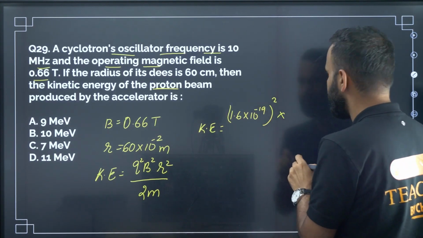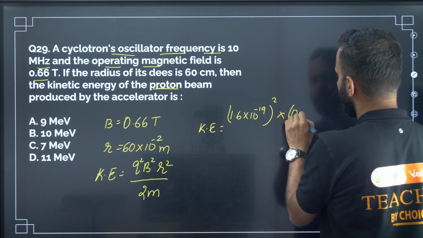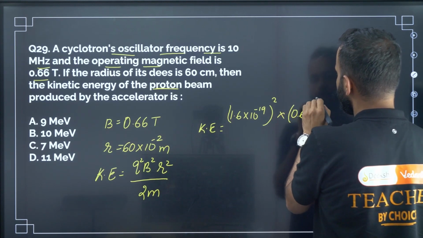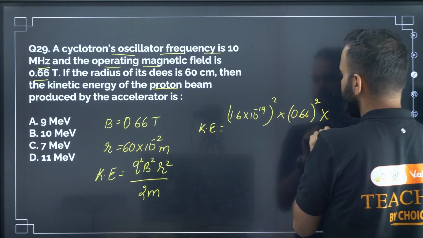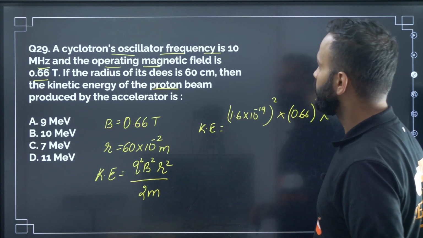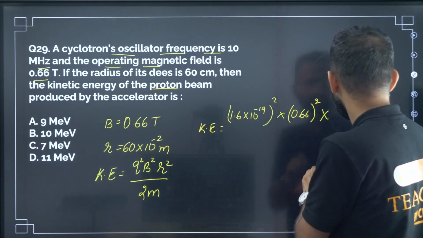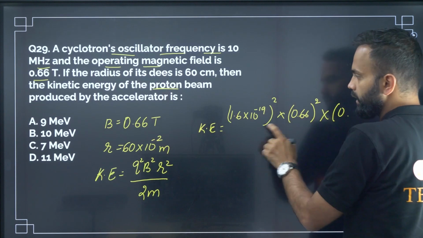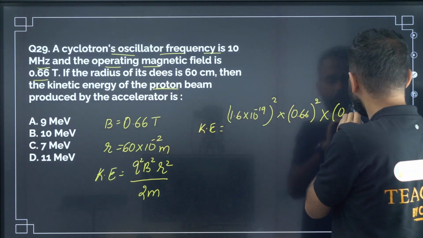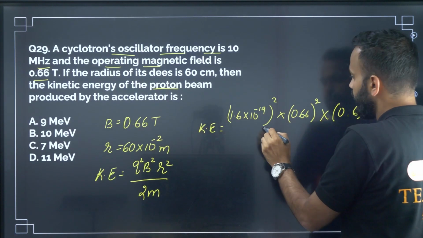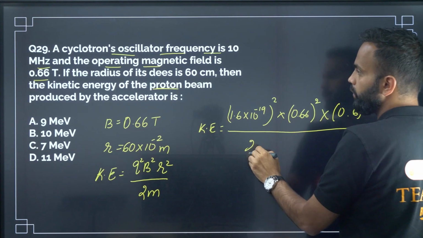B is 0.66 tesla, that is 0.66 squared, into R. R is 60 centimeter, that is 0.6. 60 into 10 to the power minus 2 is 0.6. 0.6 squared divided by 2 into m.